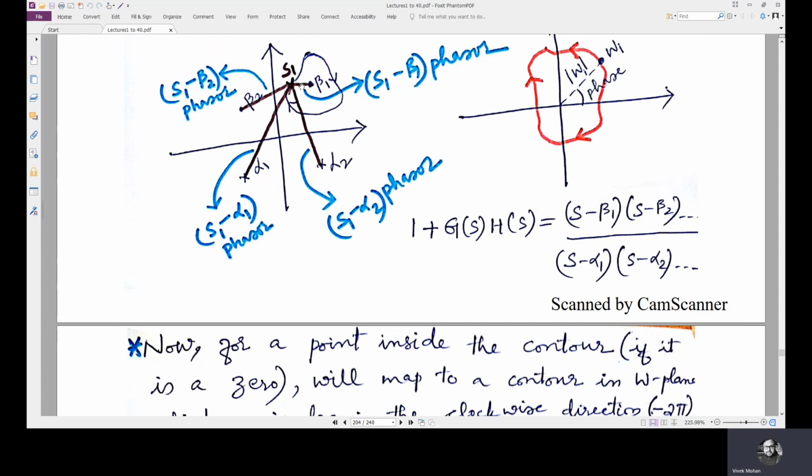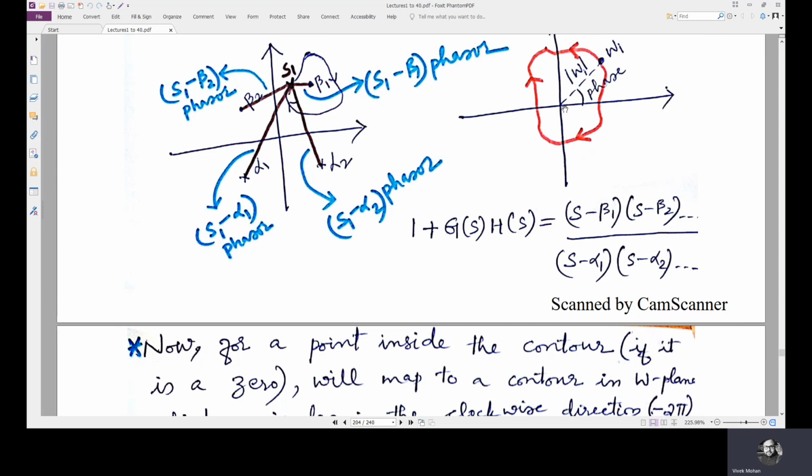So for any clockwise direction here, for a pole the corresponding encirclement will be in the opposite direction in the W plane. If it is a 0 in the S plane, then the corresponding encirclement in the W plane will be in the same direction around the origin, because 1 plus GH equals 0 is our equation, right? This is the 1 plus GH plane, and 1 plus GH equals 0 is our equation.